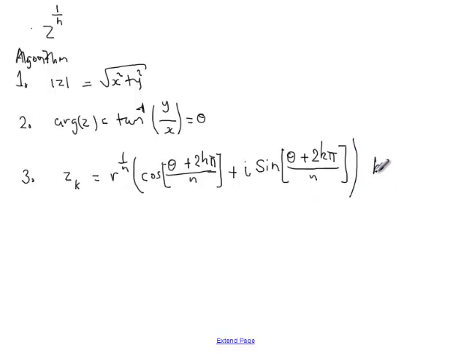Then we say k equals 0, 1, 2, up to n minus 1. This must produce n different roots.